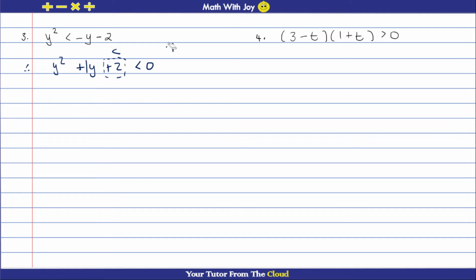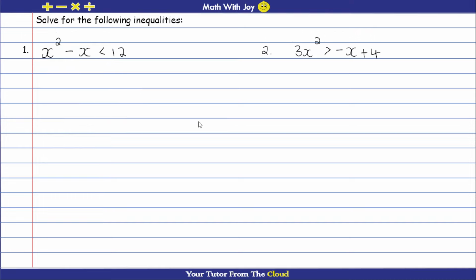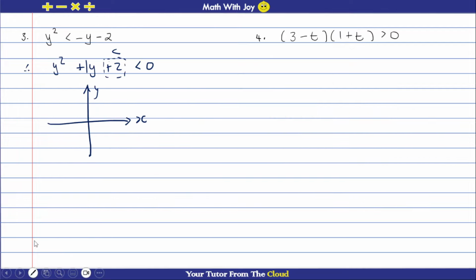So if I were to draw this on a Cartesian plane, okay, so I have my y-axis, I have my x-axis. So we just draw the x-axis. As you can see on this side, we just drew the x-axis only. But in this case, I want you to see the y-axis as well.